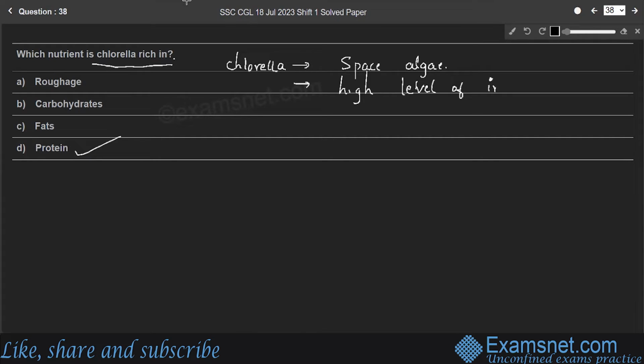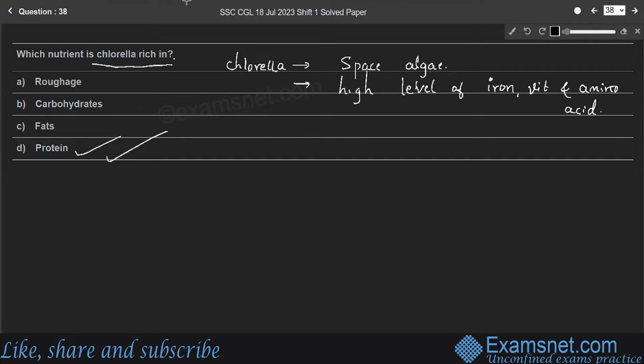It grows easily in the presence of sunlight, minerals, and water, using hydroponics. So the nutrient chlorella is rich in is protein. Option D is the right answer.